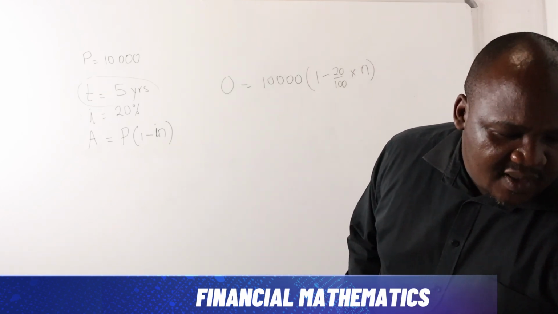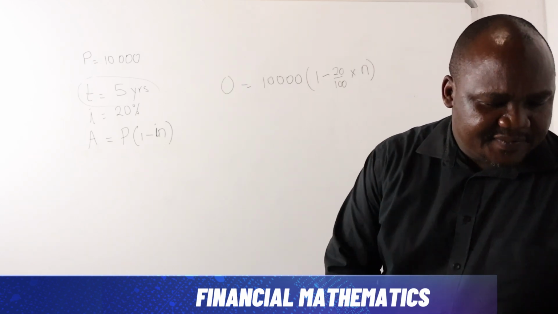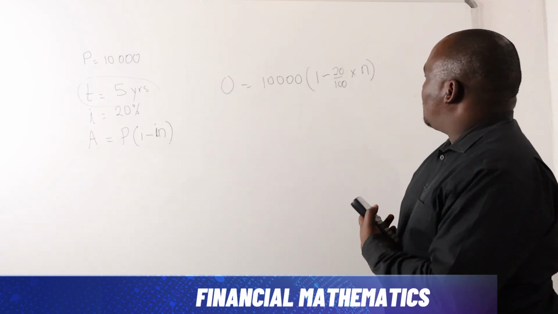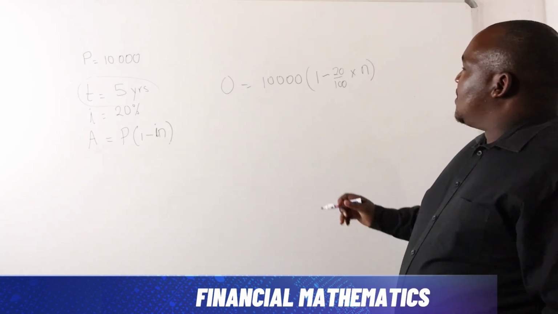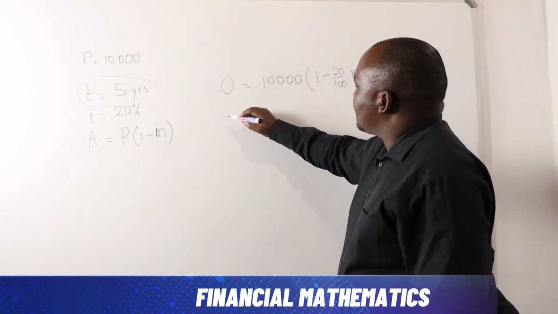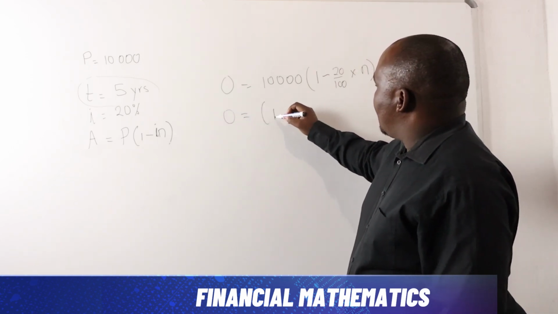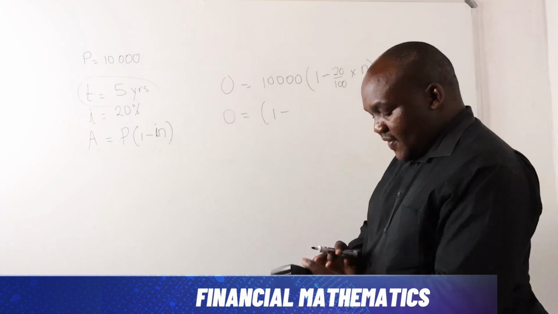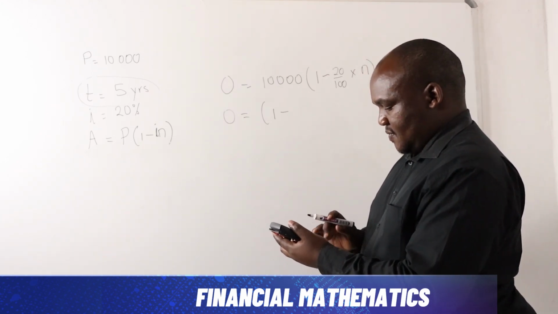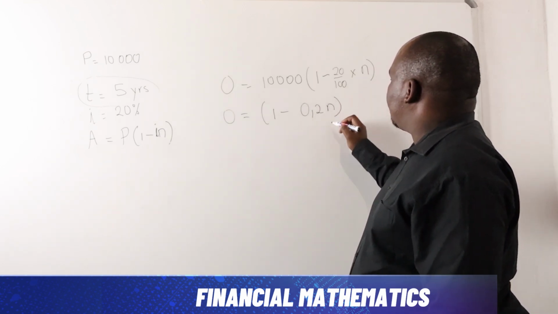Let's look at how quick we can do this. Actually, this is very simple because we can just divide both sides by 10,000 and you still get 0 equals 1 minus 20 divided by 100, that's 0.2, to the power n.